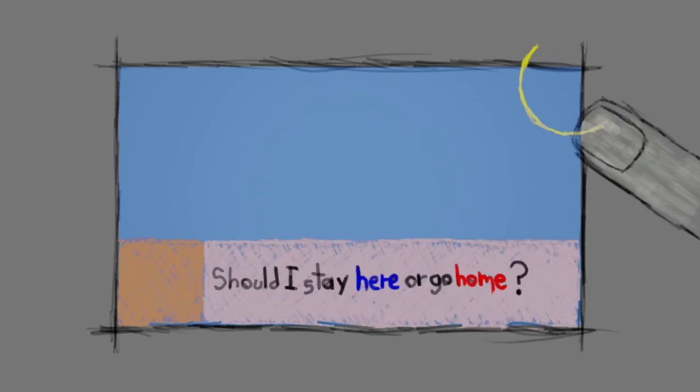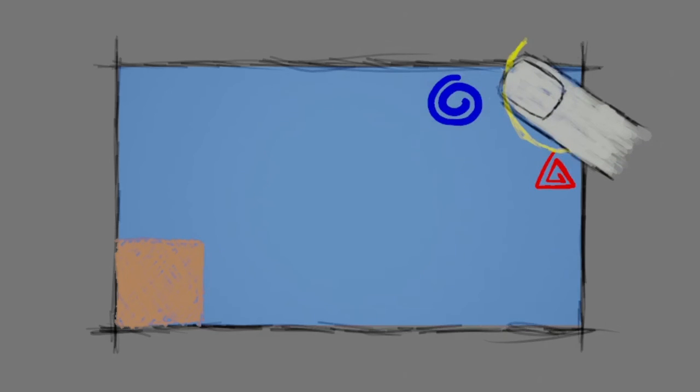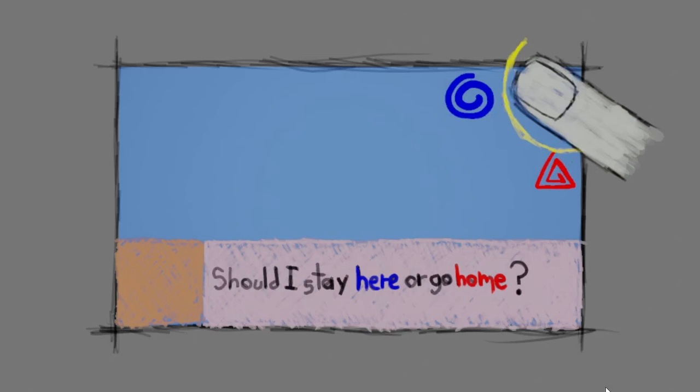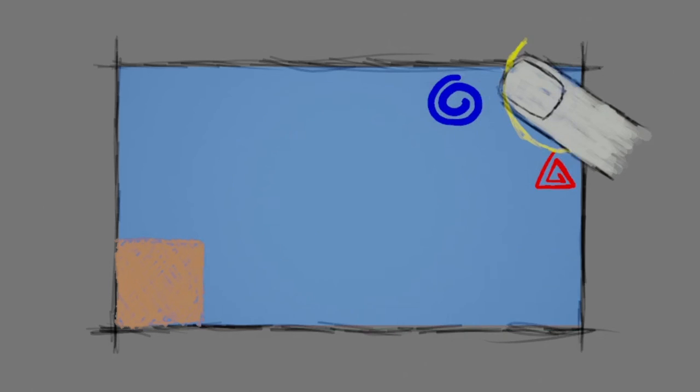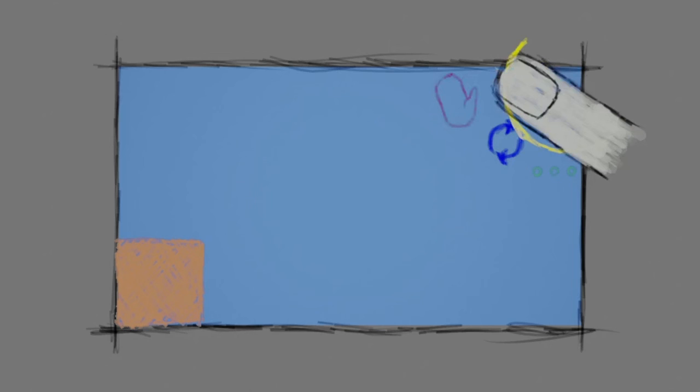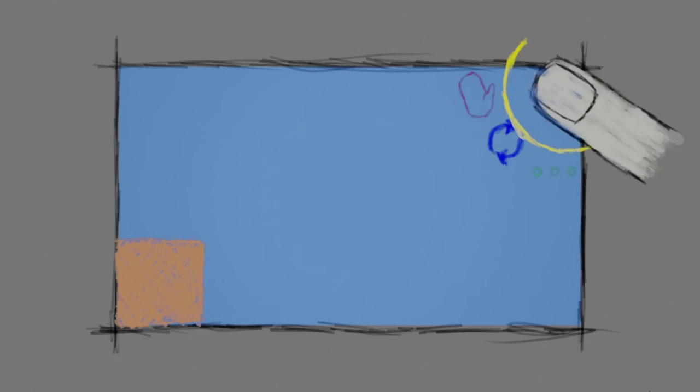One last thing. Should I stay here or go home? This is a question that gives options. It's not a yes or no, it's not an opinion, it's not numbers. For this occasion, it will give a blue option or a red option, and the player can select one of those two. However, at the end, the player decides to stop the conversation.